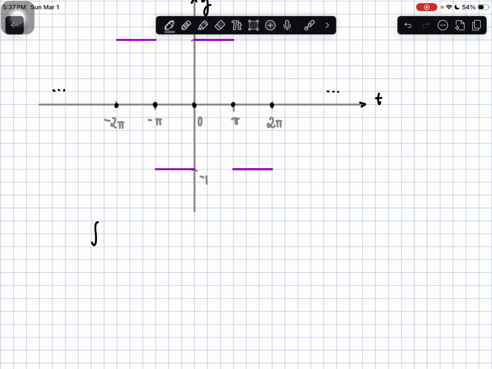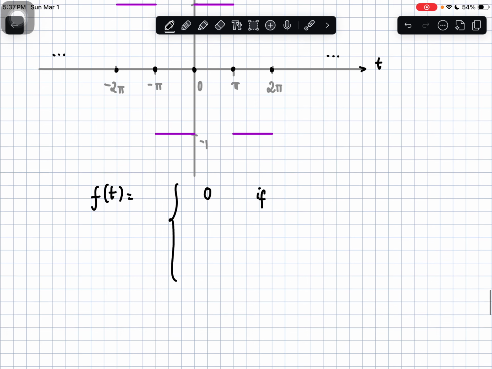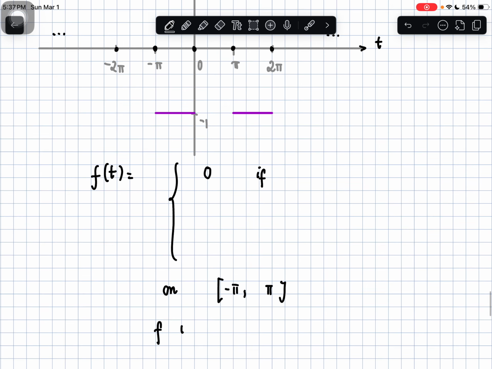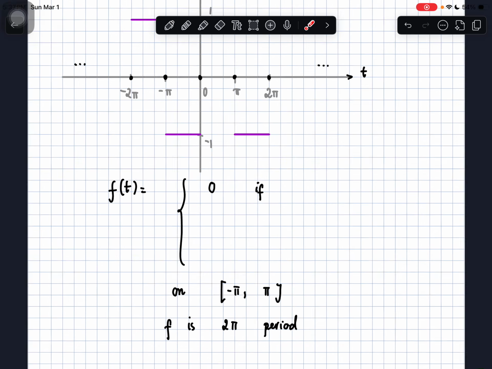f of t is equal to 0 if, say, we talk about the period on minus pi and pi. This function f is 2 pi period. Outside that, it just keeps repeating.